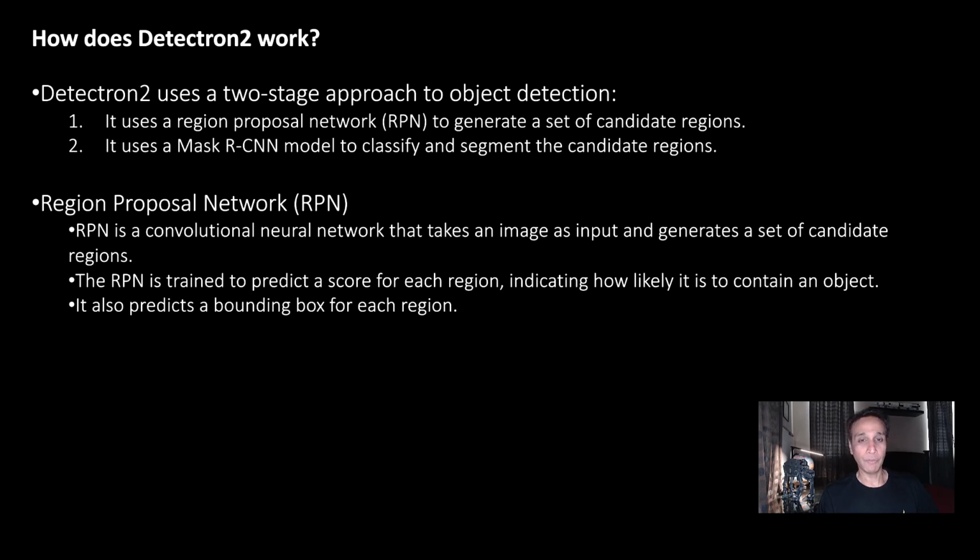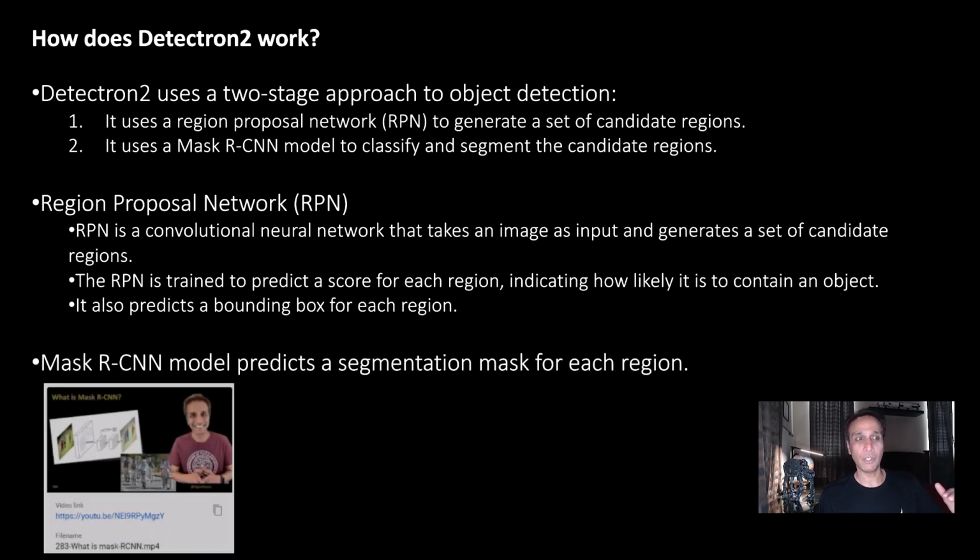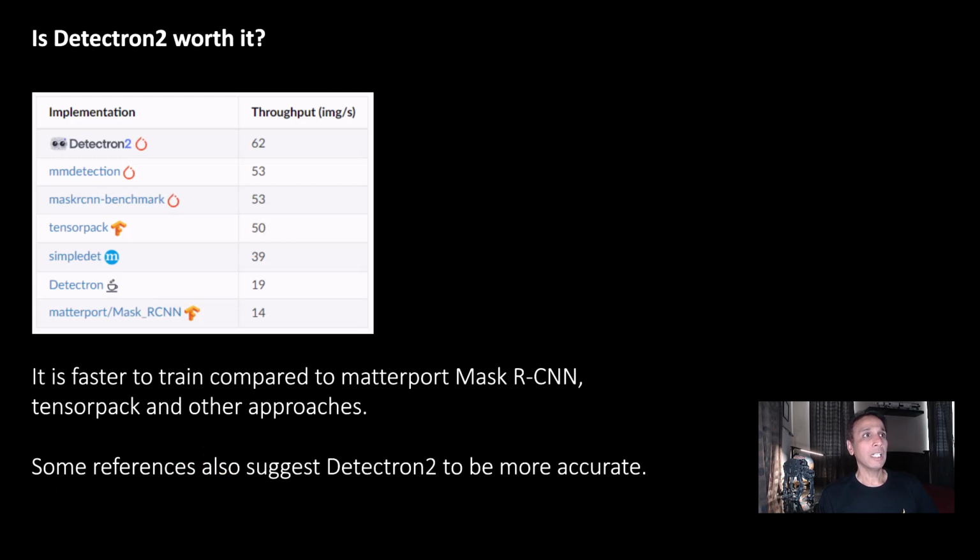If you're trying to segment objects, then step 2 is mask-RCNN. I've done a video on this topic, so I don't want to waste your time. I'll put the link in the description, or you can just look for video number 283, which is titled "What is mask-RCNN?"